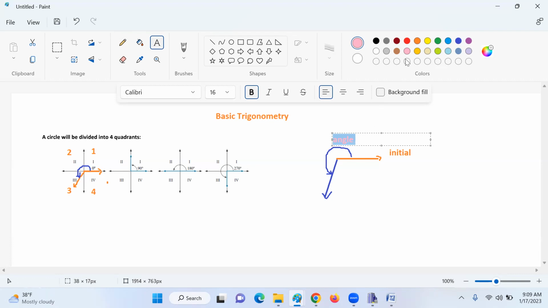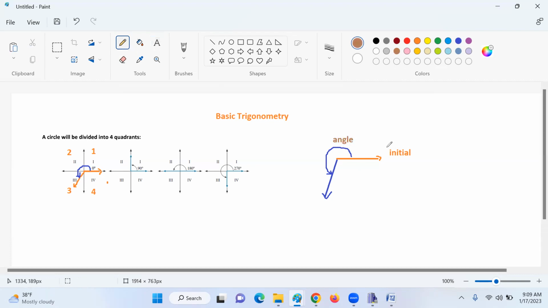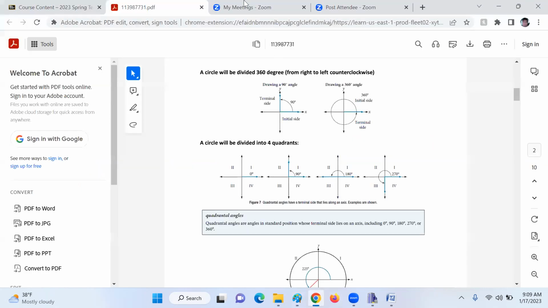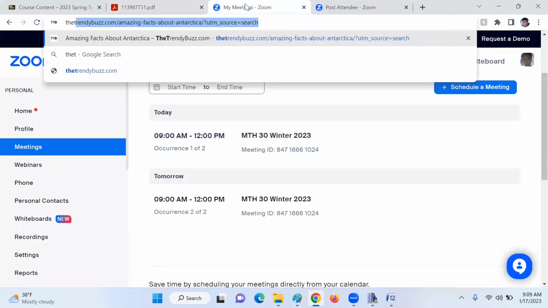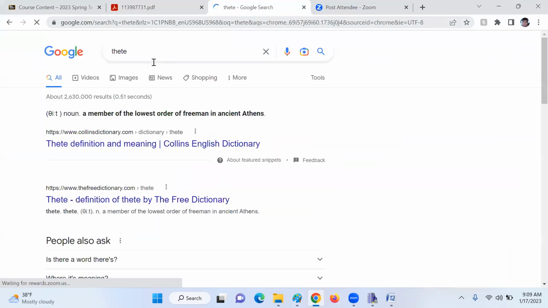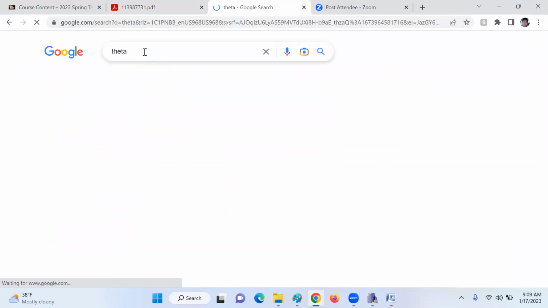So I would like to call the angle by a very specific name, which is theta. Okay, we call the angle theta. The theta is literally not my word.